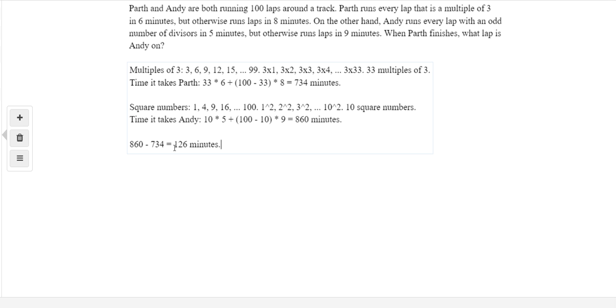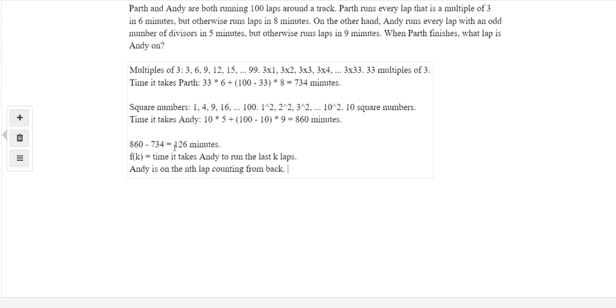And to formalize this solution, we want to define a couple of terms. First off, let's define f of k to be the time it takes Andy to run the last k laps. And on the other hand, let's say that Andy is on the nth lap counting from the back.